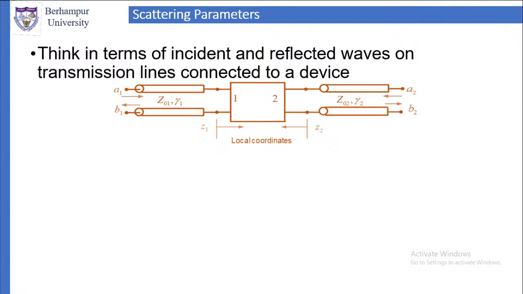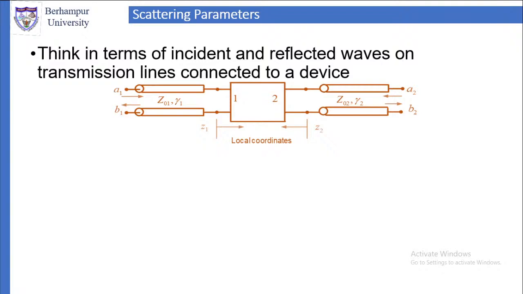What we will do is, at the end of the transmission line, we say the wave incident to port 1 is A1. The wave coming out of the transmission line connected to port 1 is B1.